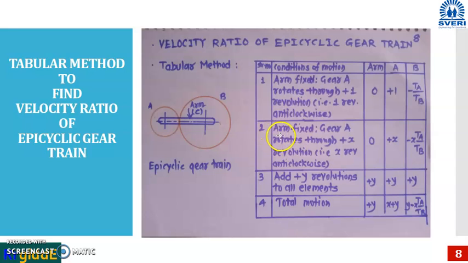So second step, again arm is fixed, gear A rotates through plus X revolution.